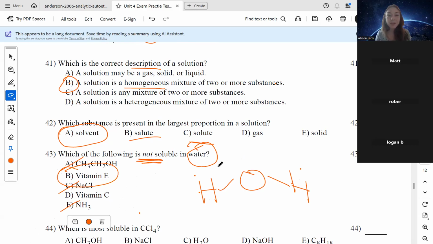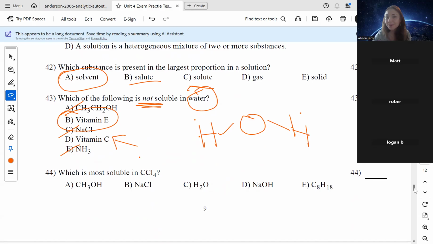You'll know that vitamin E is non-polar. And vitamin C, you can think about this being very water soluble. It has a lot of these OH groups. So it would be water soluble versus vitamin E, which is a fat soluble vitamin. This would be something you would have picked up during lecture or during the videos.